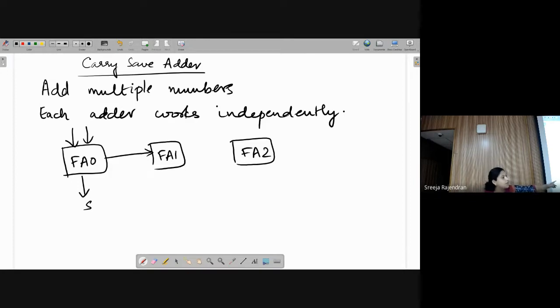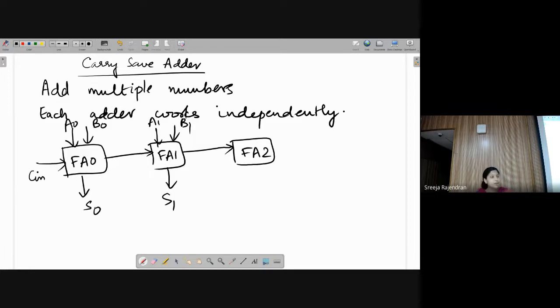It will go to FA1. And then same way, this is A0, B0, A1, B1. Then I will get some S1, and what carry comes goes to the next stage. So it is not independent. Each adder block does not work independently. There is a dependency on the previous adder block, is it not? Except for the first one.